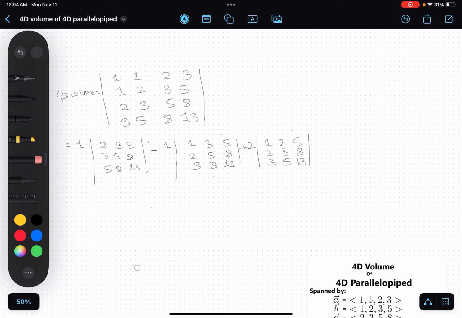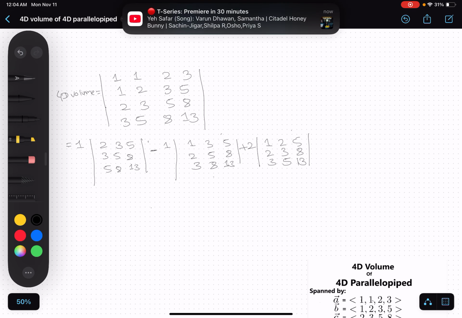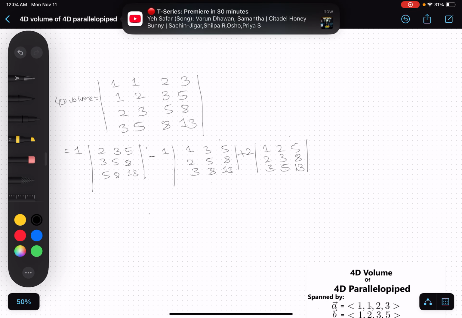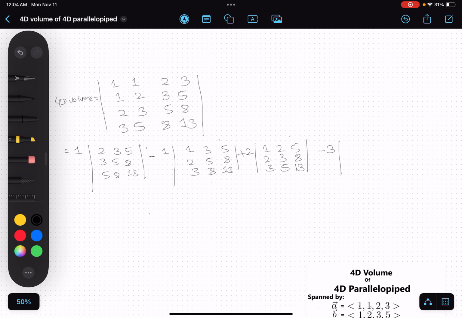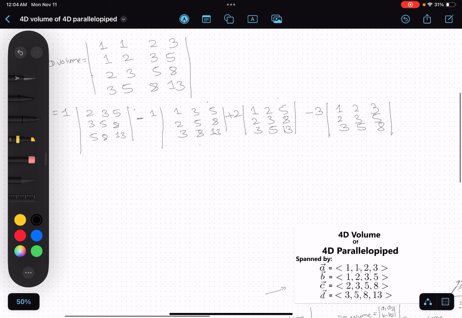Anyways, guys, it's my fault, but you do get the idea how to evaluate the determinant, and also make sure that you have the alternating signs. You need to have that. Now 1, 2, 3, 2, 3, 5, 3, 5, 8. Just to convince you that when there's linear dependence, the determinant is zero, I will evaluate this easiest determinant.